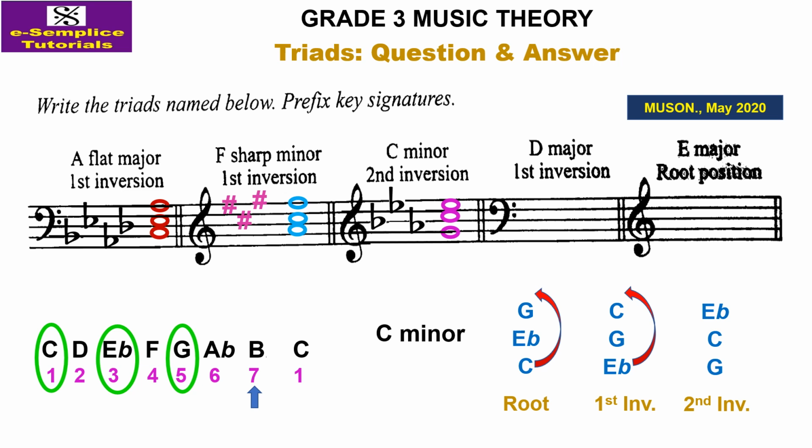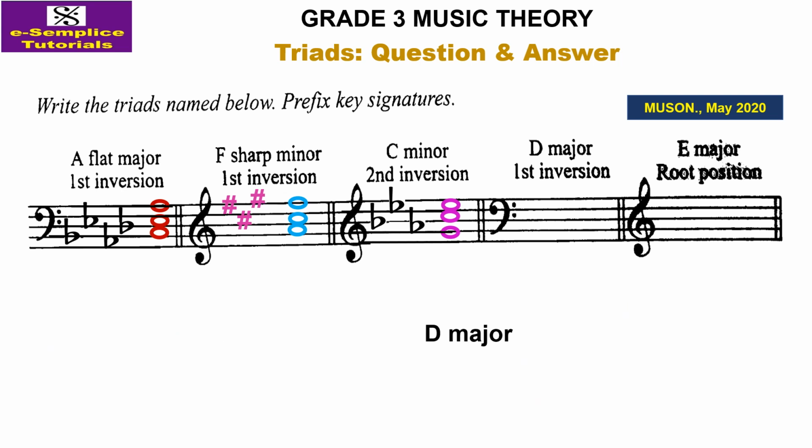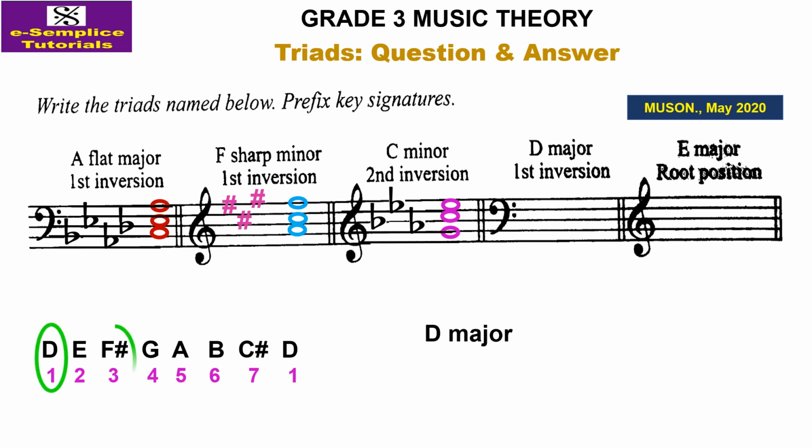Next is D major first inversion. As usual, stack. You have the root as D, F sharp, A, but we want first inversion.